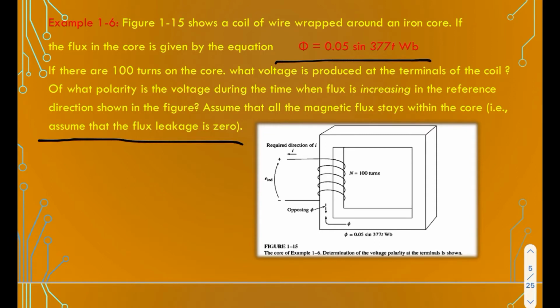This is the core, and we have the flux passing through the core. We have a number of turns here, 100 turns. Now let us apply the equation to solve this example.